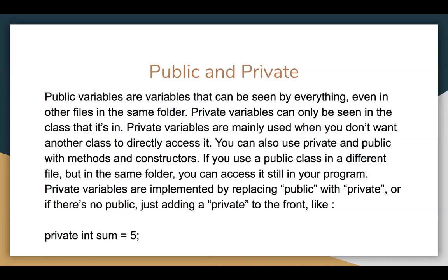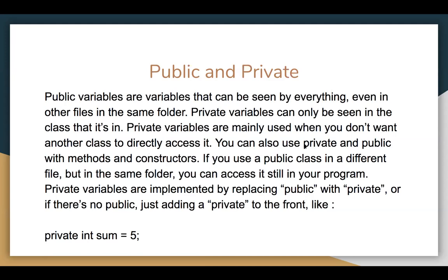Private variables are mainly used when you don't want another class to directly access them. There are a lot of different reasons why you would do that. If you had multiple classes and you didn't want another class to mess with your variable, maybe accidentally, then you can assign the keyword private to it, and that'll make it not seen by the other classes.